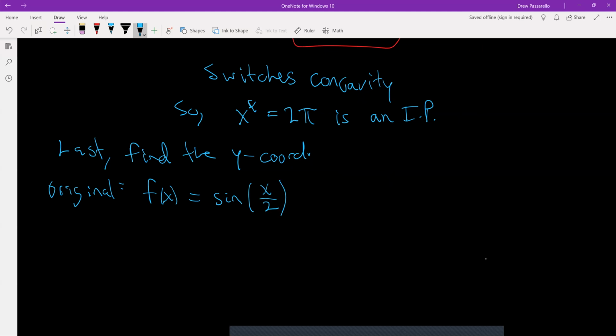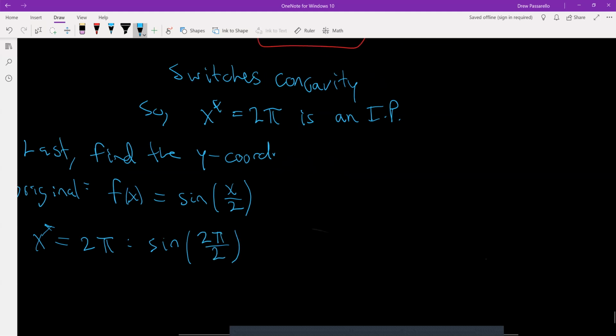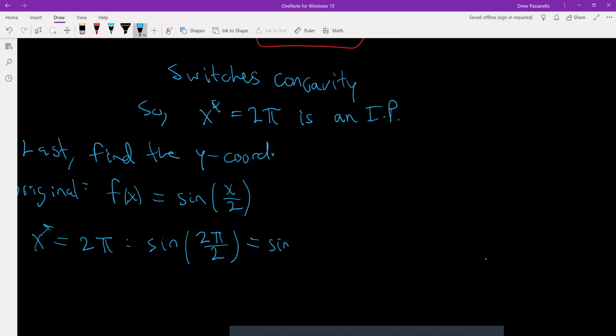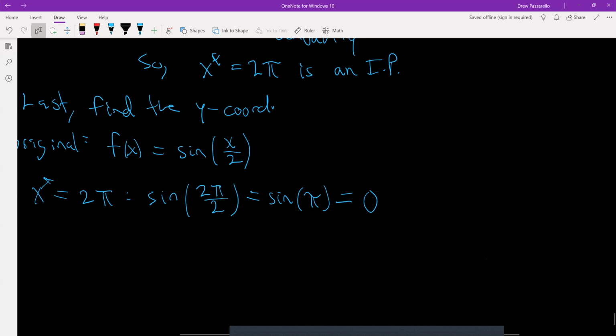All right, so we just plug in our inflection point. For x star equal to 2 pi, that's going to be sine of 2 pi over 2, so sine of pi. And sine of pi is 0. All right, so our output is 0, and the input was 2 pi. So the inflection point is 2 pi comma 0.